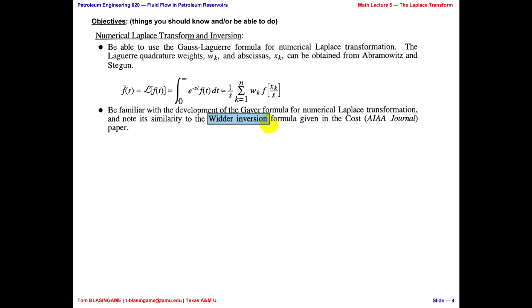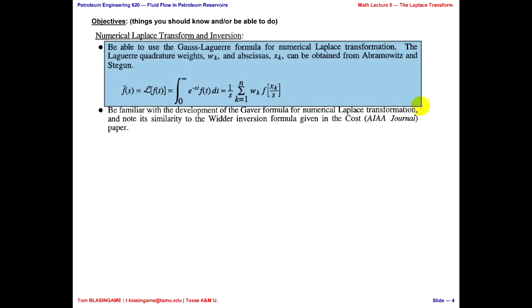There was also a whole bunch of work done sort of in the 40s and 50s using Laguerre polynomials. This is not one of them. Those results are given in the notes, which are not included here.